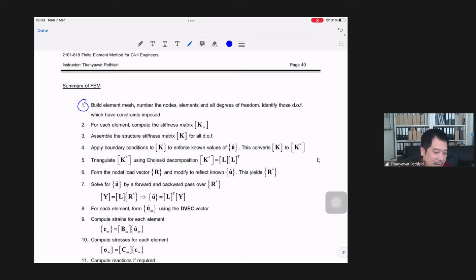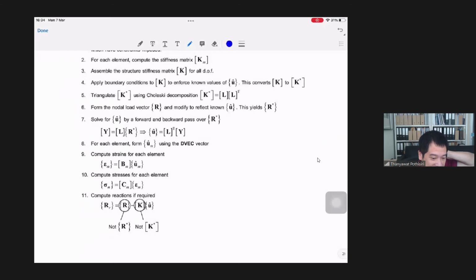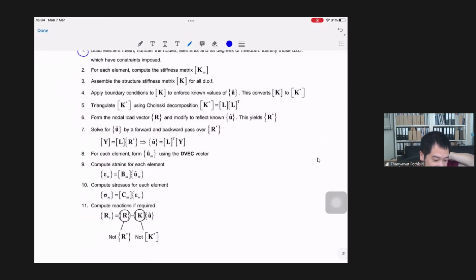Now, the next step, once you build your finite element mesh, what you need to compute in the end is you want to be able to solve this system of equations.